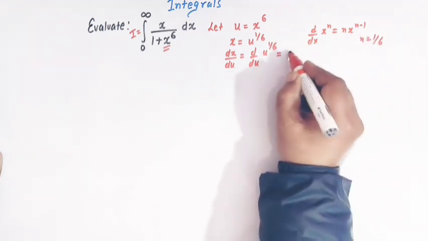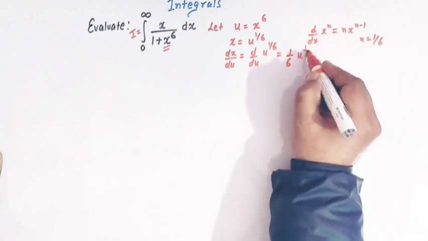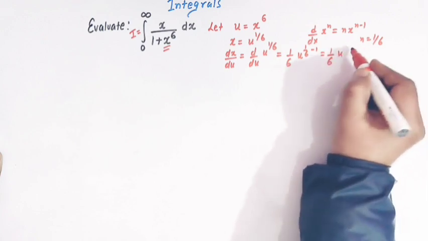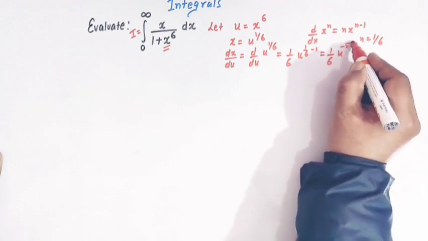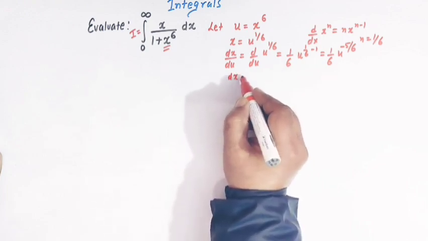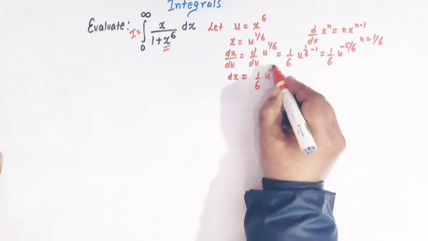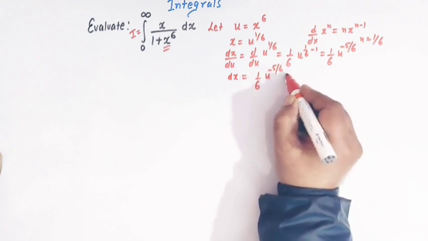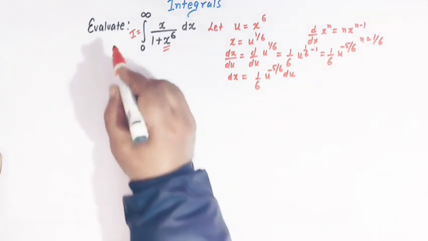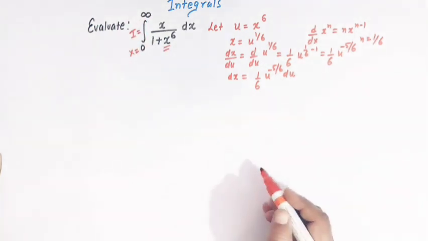So we have 1 over 6, then we have u raised to 1 over 6 minus 1. So this is 1 over 6 u raised to minus 5 over 6. So now dx can be written as 1 over 6 u raised to minus 5 over 6 du.